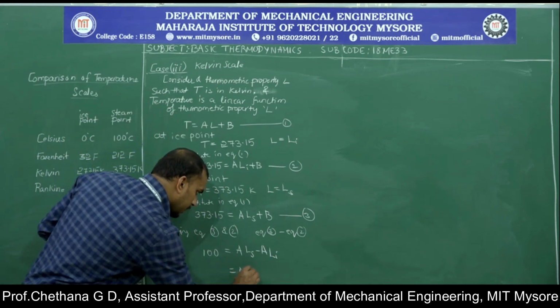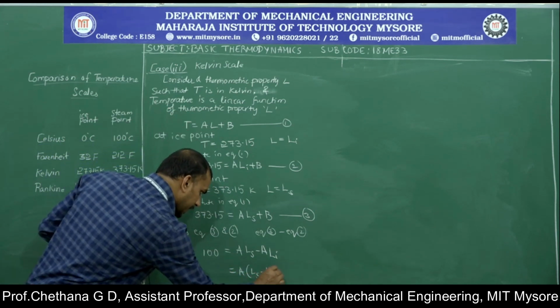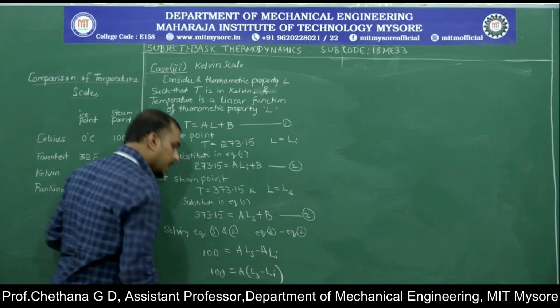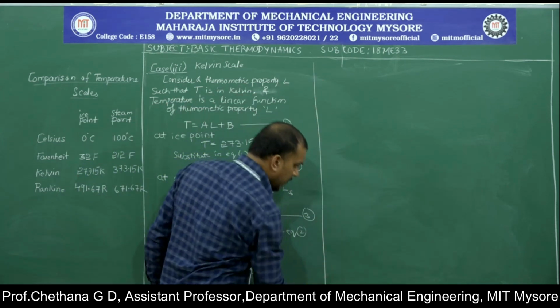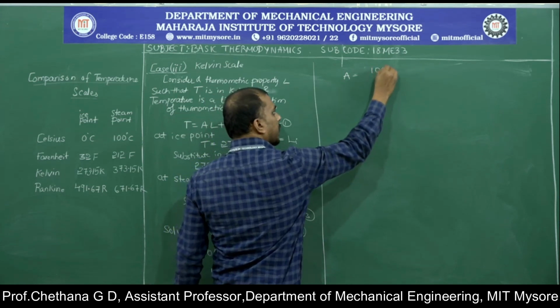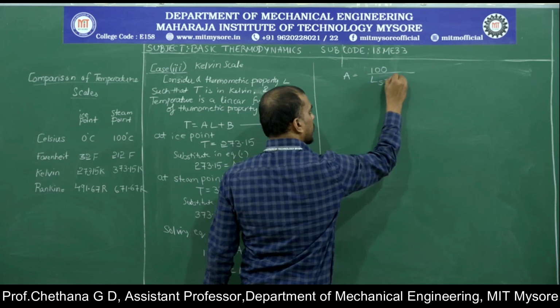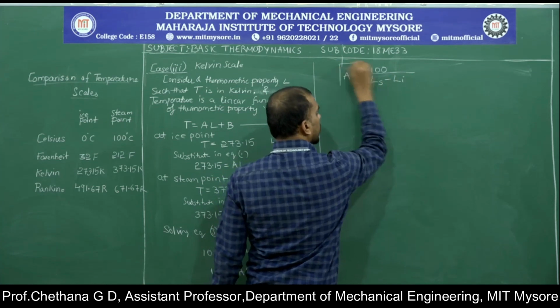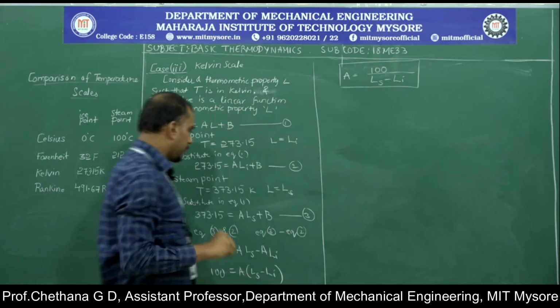So A into Ls minus Li is equal to 100, or A is equal to 100 divided by Ls minus Li. So we got the expression for A.